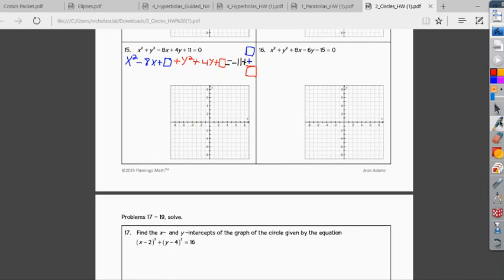When we complete the square for the blue, for the x terms, we have negative 8 divided by 2 equal to negative 4. That's step 1. And then negative 4 squared is 16. That's step 2.